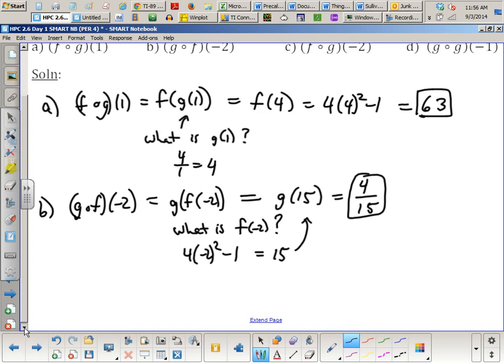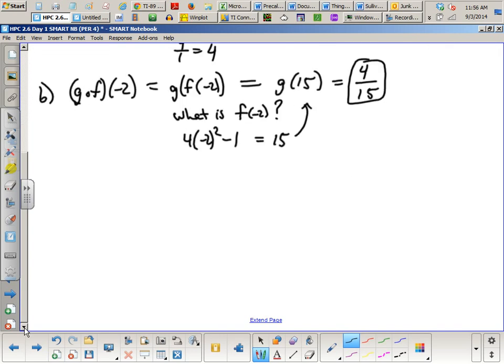Okay, so we just found fog of 1 and GOF of negative 2. I wonder what would happen if we found fog of negative 2. You know what I mean? So let's try that real quick. Do you think finding f of g of negative 2 is going to give us the same answer as finding g of f of negative 2? Probably not. So let's go and try it.